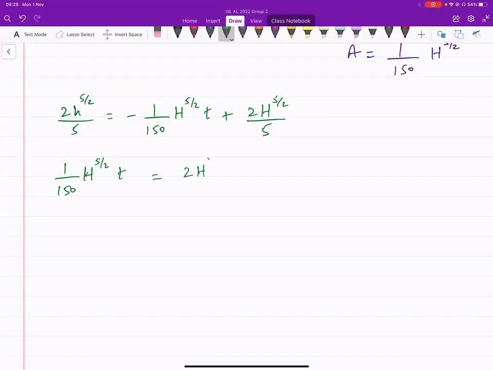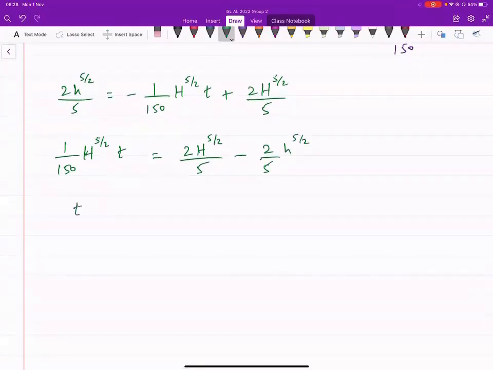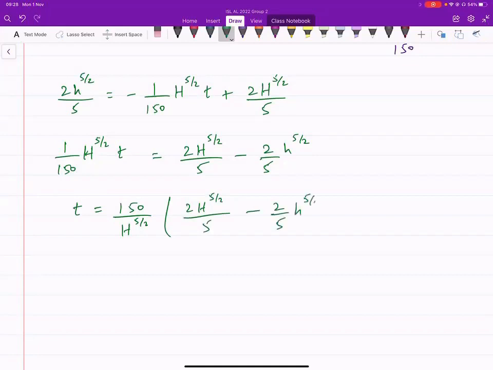We have 2 capital H 5 over 2 over 5 minus 2 H 5 over 2 over 5. ये जाके उधर मल्टीप्लाई कर दें आगे. 150 over H raised to power 5 over 2. दोनों जाके वहां पे मल्टीप्लाई कर दें. You get 2H raised to power 5 over 2 over 5 minus 2 over 5 H raised to power 5 over 2.